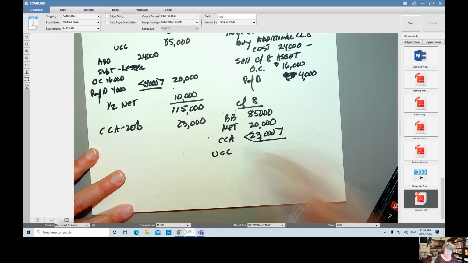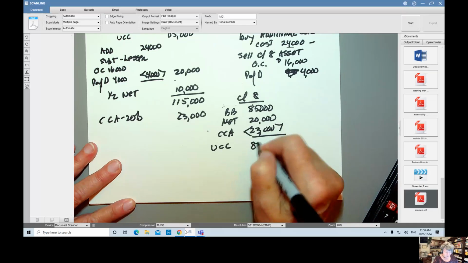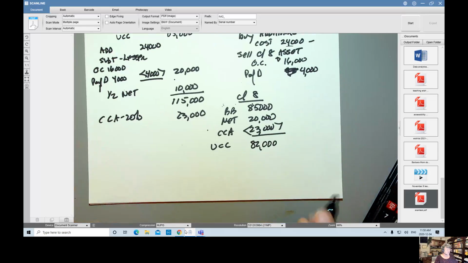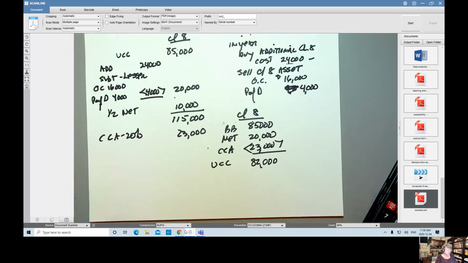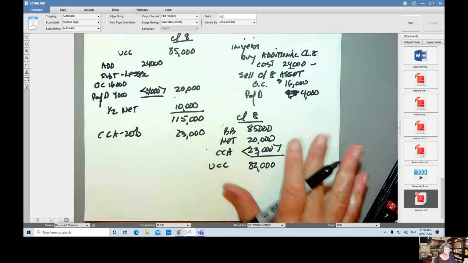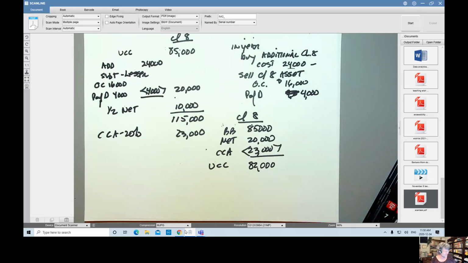So my UCC is, I have to add it, always check my math, 82,000. So that's the UCC balance. So that's your half net that they're talking about, because it's very common, of course, to have additions and sales in the same year.